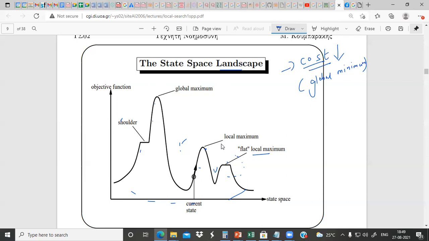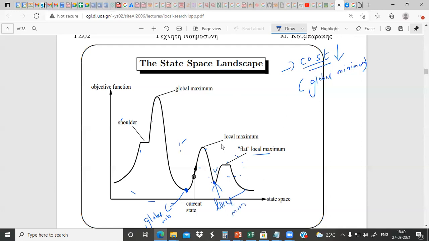Then our objective is not to find the global maxima, our objective is to find the global minima. So in this landscape, probably this is the global minimum. So this point is called what? Global minimum. Okay. And this is a local minima, because in this area this is the minimum, but this is not the overall minimum point. So this is a local minimum, right?